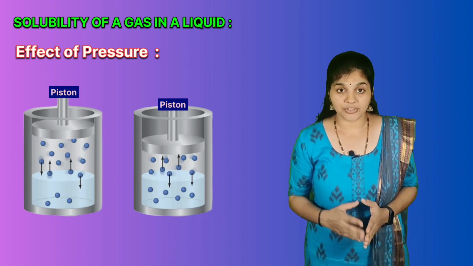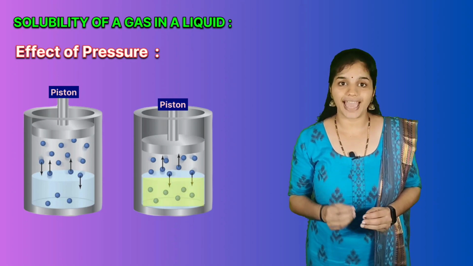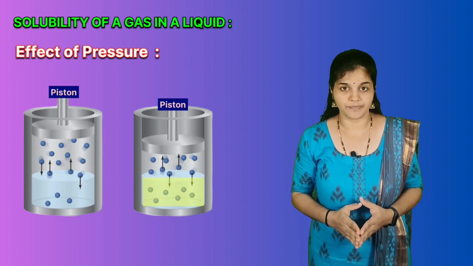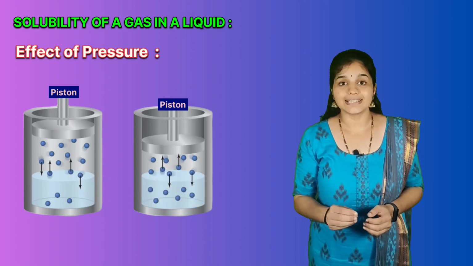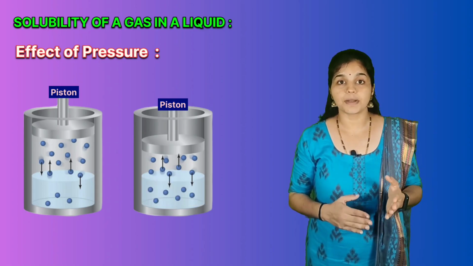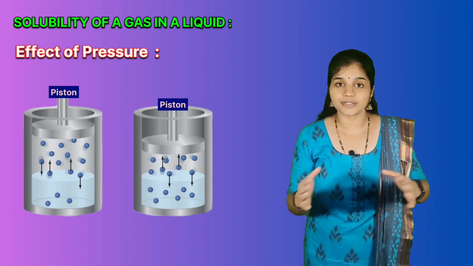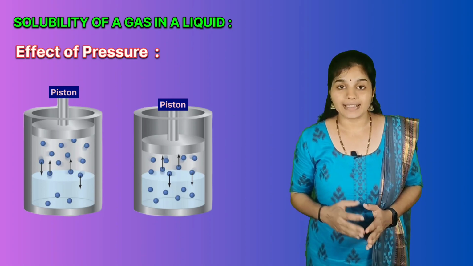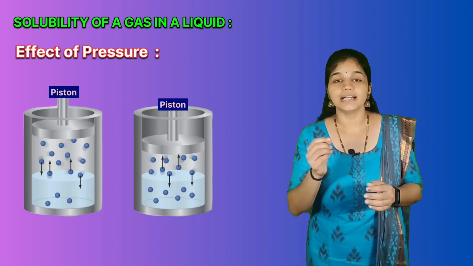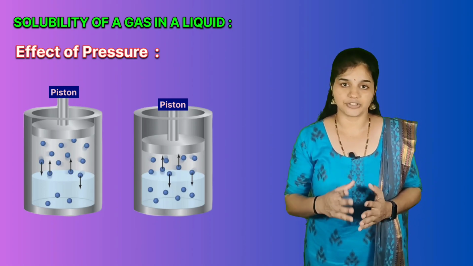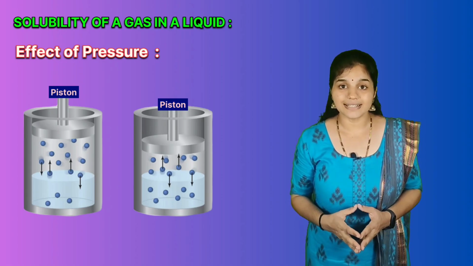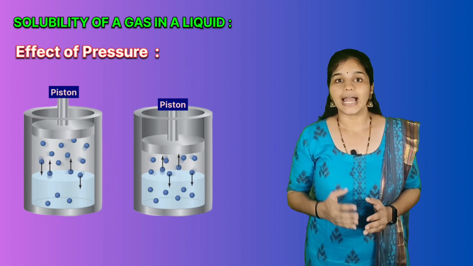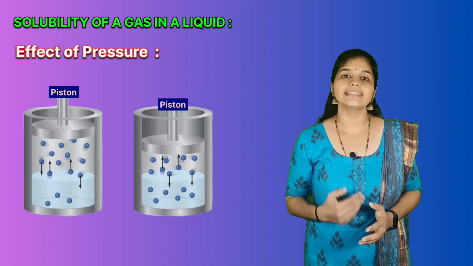This compression increases the number of gaseous particles present in unit volume over the solution, and also increases the rate at which gaseous particles strike the surface of the solution to enter it. The solubility of gas will increase until a new equilibrium is reached. Now, this results in an increase in the pressure of the gas above the solution, and thus the solubility of the gas increases.